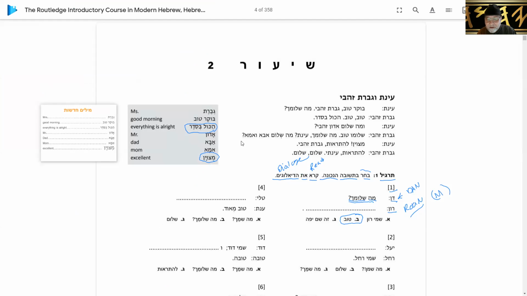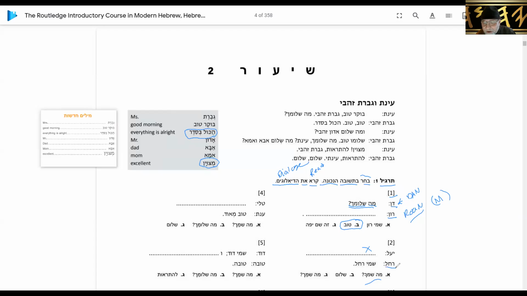Yael. Okay, so Yael is saying something, and Raquel says, Shmi Rachel. My name is Rachel. Okay, so let's see here. Let's see what fits with this. So this is what we need to find right here. And it's going to be one of these down here.